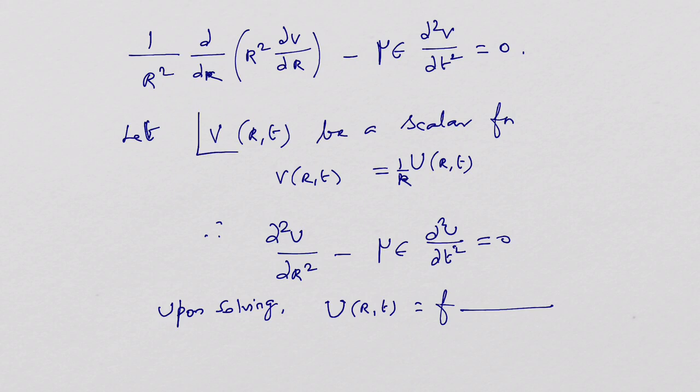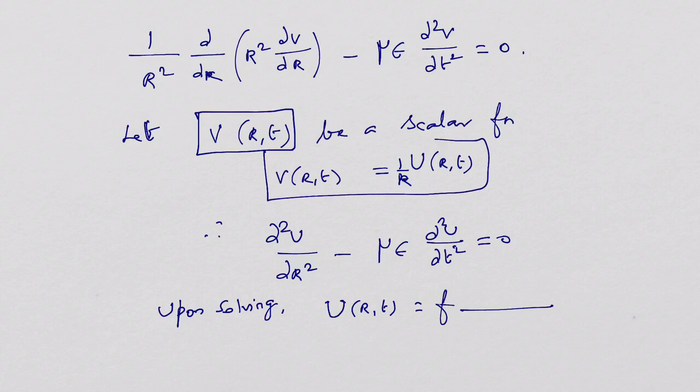Another important assumption is to let V of r comma t be the scalar function, assumed to be of this format: 1 by r u of r comma t.